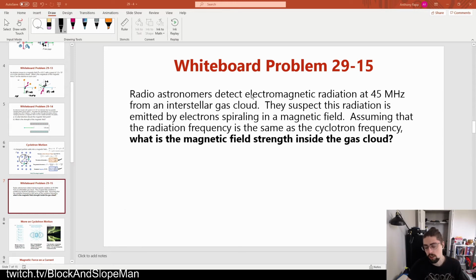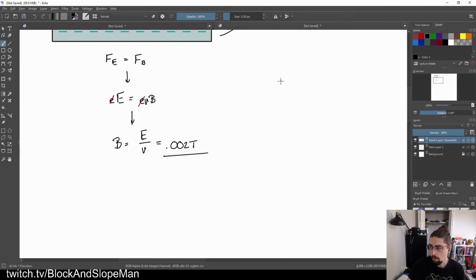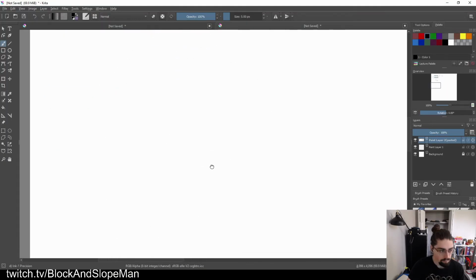The assumption here is that the frequency that we're given, 45 megahertz, is the same as the frequency of the oscillation, which does make sense. That's a reasonable assumption to make, assuming that it's electrons spinning around that are making this in the first place. But that's all pretty reasonable to me. So then, what we're expecting to see is actually not too much.